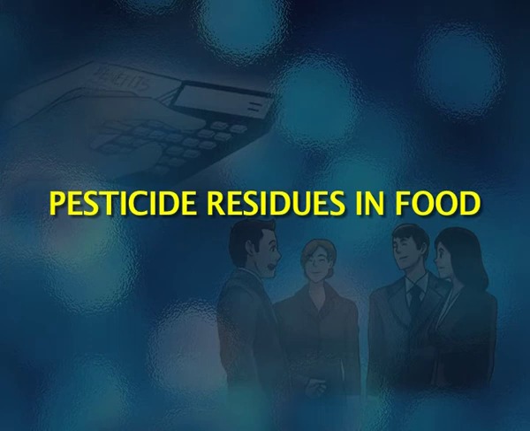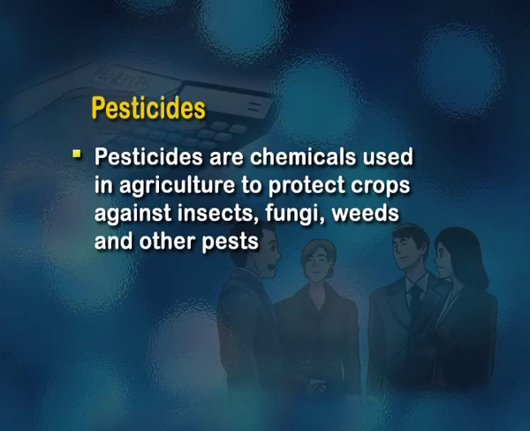Pesticide residues in food. Before we understand pesticide residues in foods, let us know what pesticides are. Pesticides are any chemicals used in agriculture to protect crops against infectious diseases caused by insects, fungi, weeds or other pests.